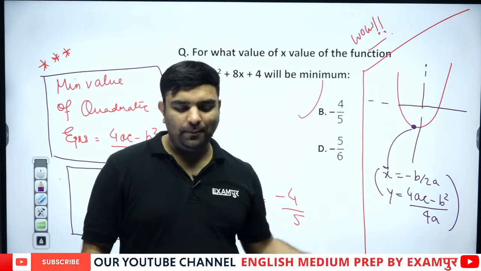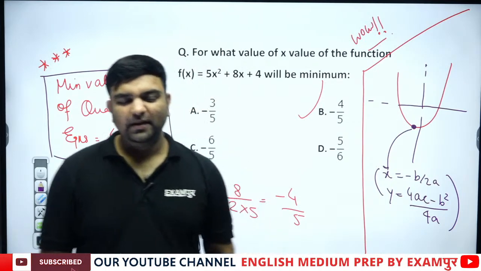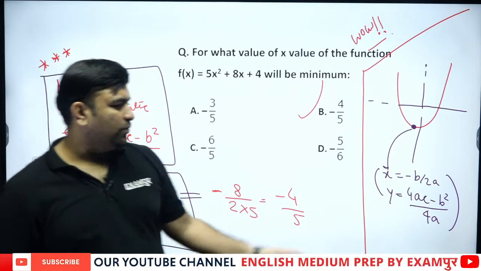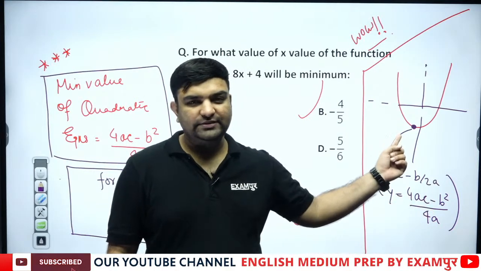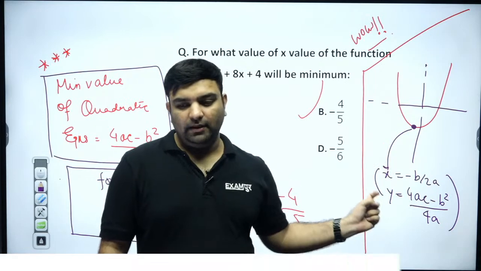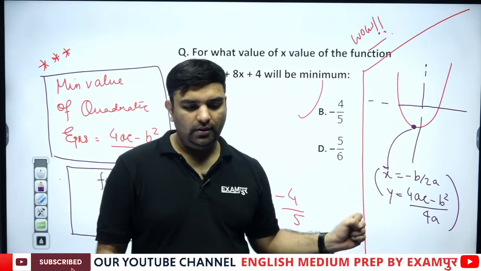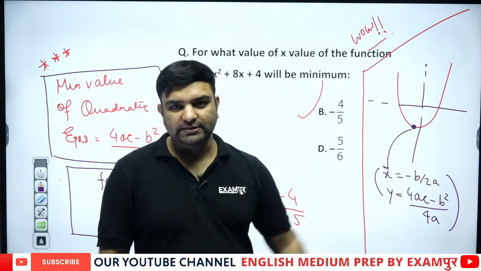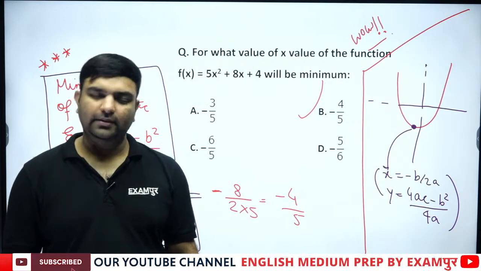Teaching you how to make a perfect square is not necessary at this moment. So for x is equal to minus b upon 2a, this function is minimum, and the minimum value of the function is 4ac minus b square over 4a. Clear?